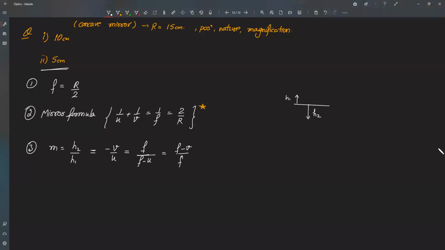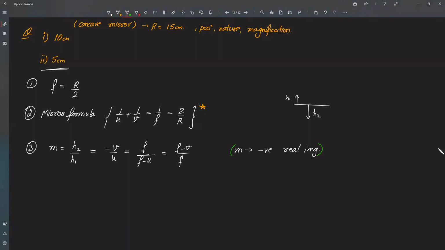So one will be negative and the other will be positive. Basically H2 will be negative and H1 will be positive, and that's why magnification is negative for a real image, and obviously it will be positive for a virtual image. So this is about the magnification.